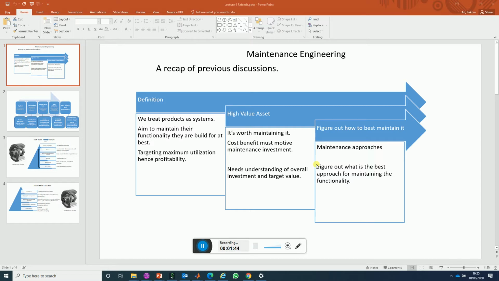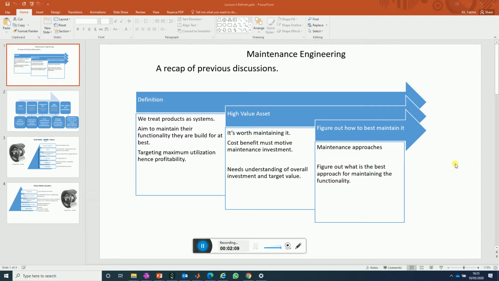So here is my slide set that I discussed last time. We started off by looking at a true definition of maintenance engineering. We clearly deal with systems, right? And we, of course, deal with functions within the systems.